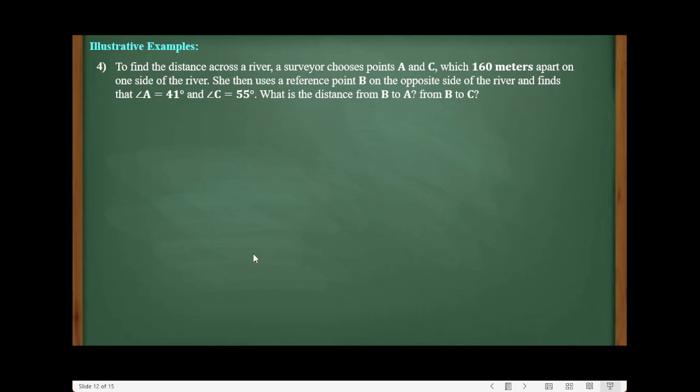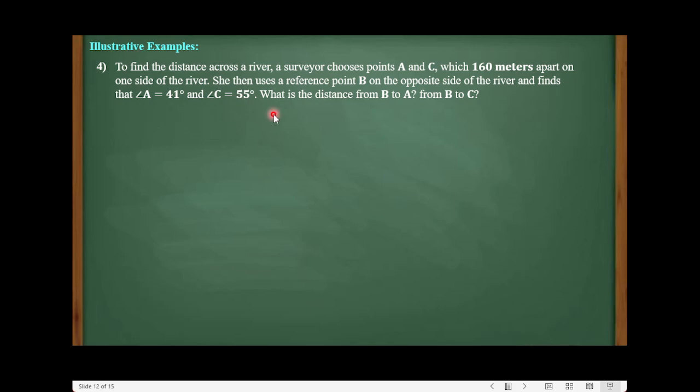Now, for our fourth example, to find the distance across a river, a surveyor chooses points A and C, which are 160 meters apart on one side of the river. The surveyor then uses a reference point B on the opposite side of the river and finds that angle A is 41 degrees while angle C is 55 degrees.